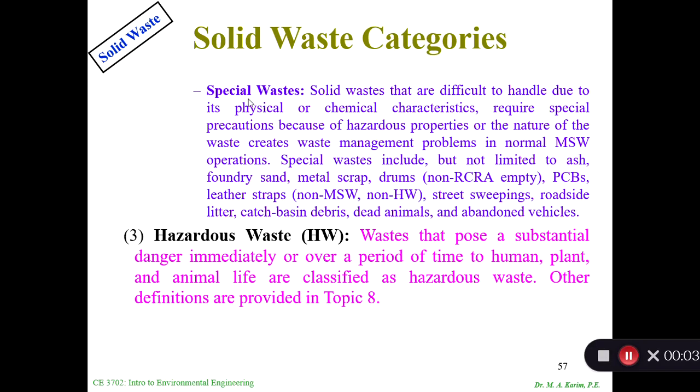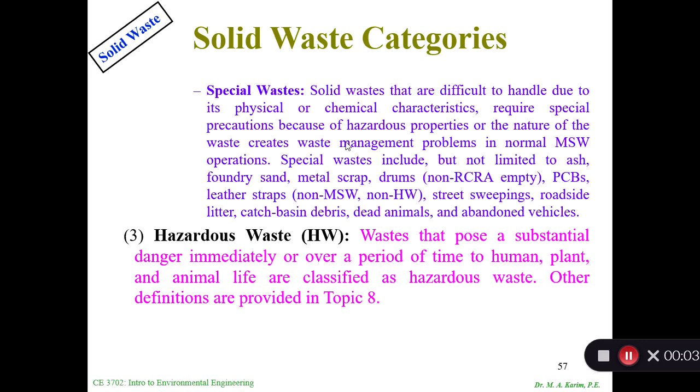Okay, special waste. Solid waste that is difficult to handle due to its physical or chemical characteristics requires special precautions, because the hazardous properties or nature of the waste create waste management problems in MSW operations. Special waste includes but is not limited to foundry sand, metal scrap, drums, empty drums, PCBs, leather scraps, non-MSW and non-hazardous waste, street sweepings, roadside litter, catch basin debris, dead animals, and abandoned vehicles.